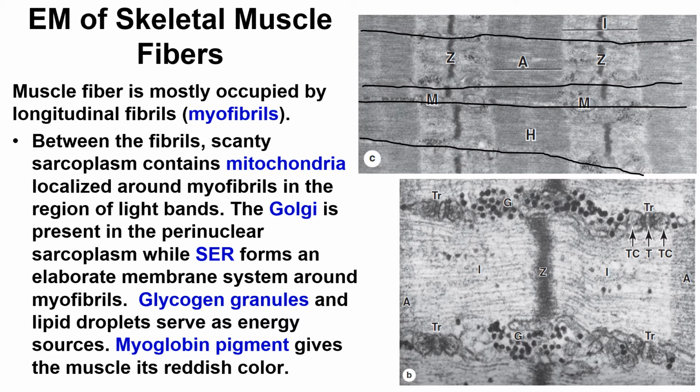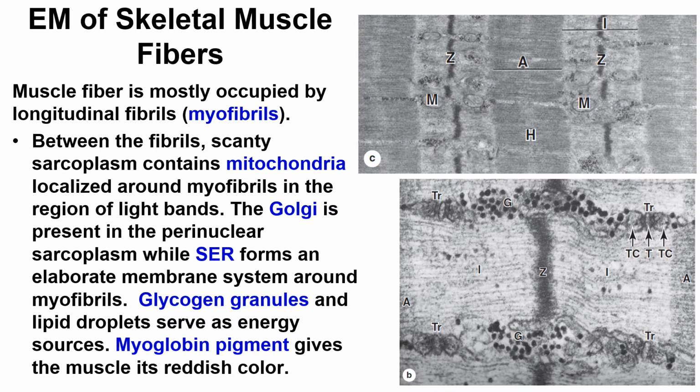The A and I banding pattern is due to the arrangement of the myofilaments within the myofibrils. At the center of the dark band, there is a pale area called H zone, and the light band is bisected by Z line. Let's take this black line out of our way.